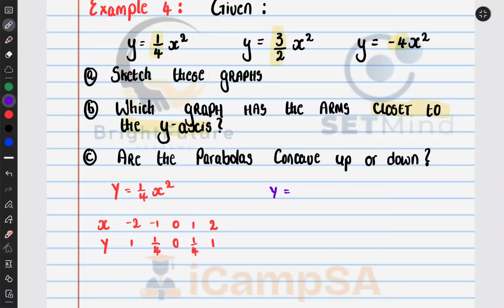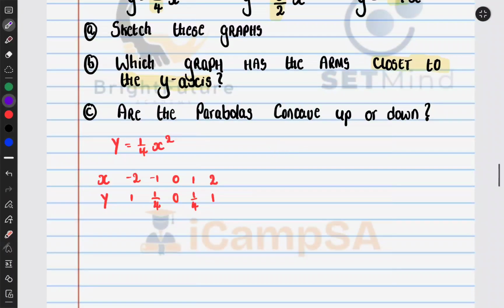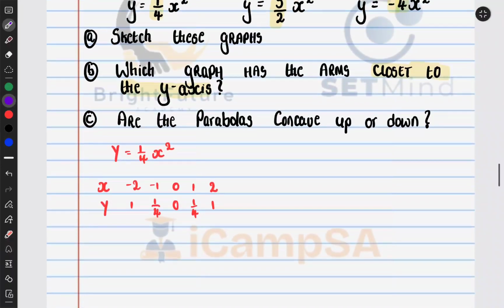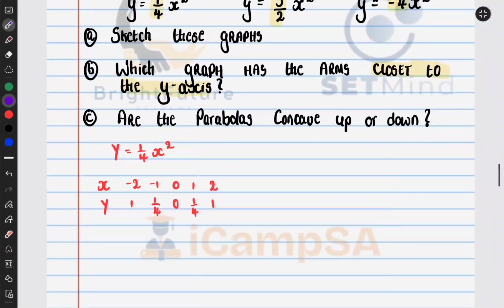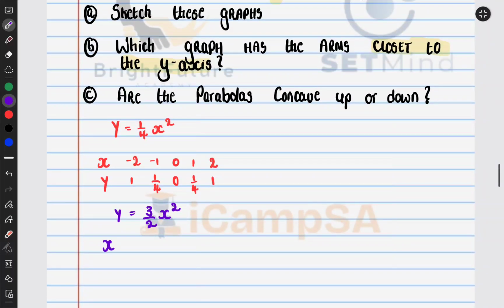Well, they didn't actually say we have to sketch these ones on the same set of axes, so we can basically separate them. Hopefully that would be of some benefit. For the second function, either way I'll just use different colors. Y is equal to 3/2 x squared, and then x, let's choose -2, -1, 0, 1, 2.